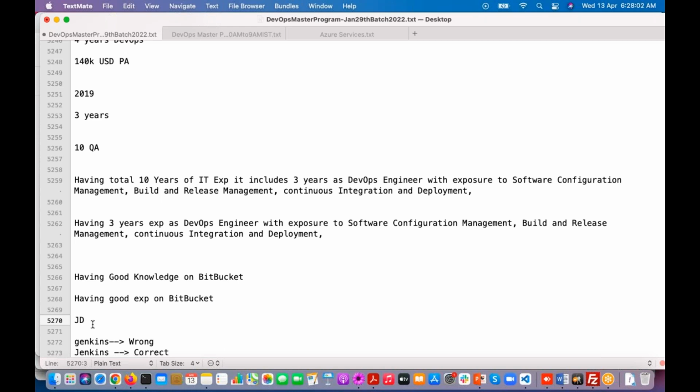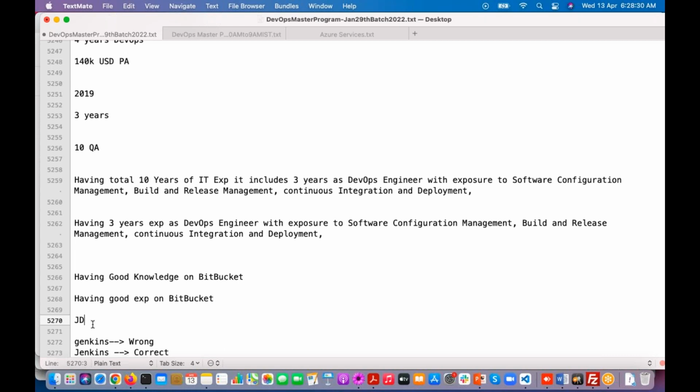So immediately you can ask them, can you share that JD so that I can go through it and see whether it is going to fit or not. While going through the JD, if one or two tools you don't know, at least go through them and keep some knowledge on these tools.